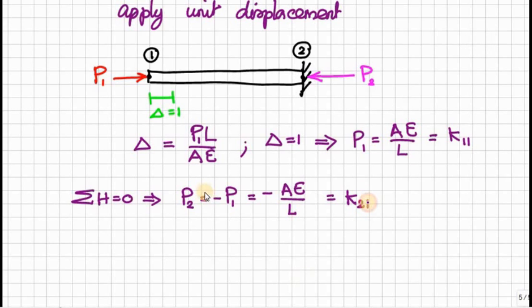Because P2 is the force at node 2 due to the application of unit displacement at node 1. Therefore, K21. The first index 2 indicates where we measure the force, and the second index 1 indicates where we apply the unit displacement. Therefore, minus AE by L indicates K21, which is also equal to K12 because of the symmetric property of the stiffness matrix.